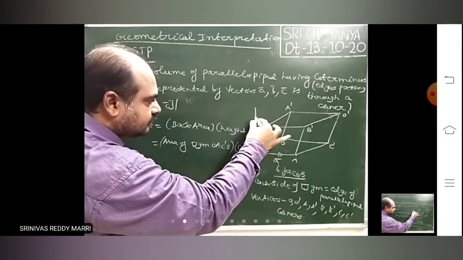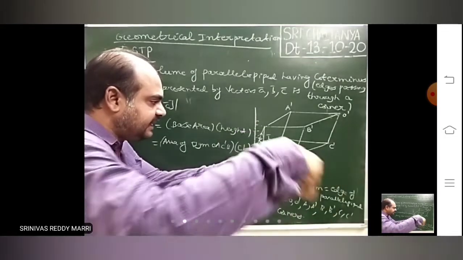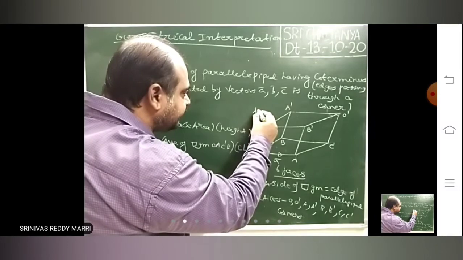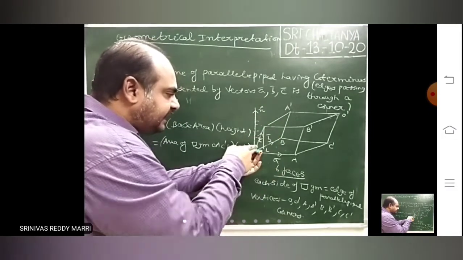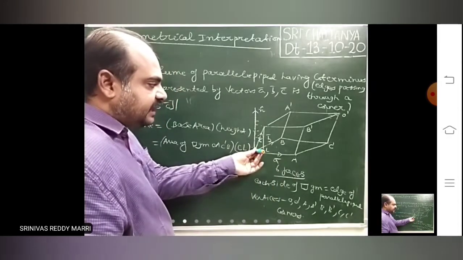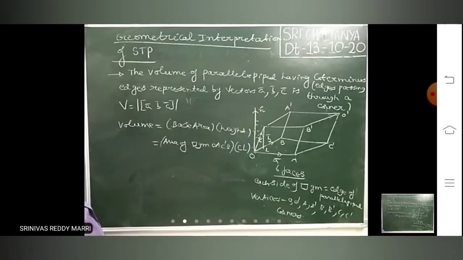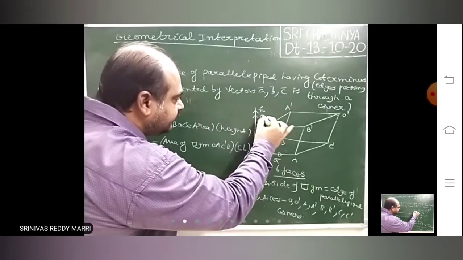Your paper is there, and now I am considering a perpendicular line along which n cap is the unit vector, perpendicular to the plane. Along this direction only, A bar cross B bar will be there.